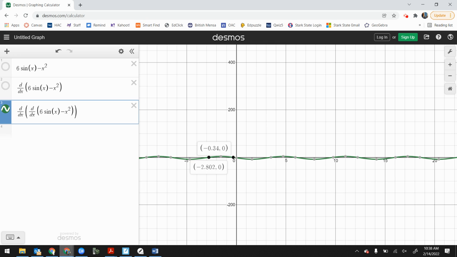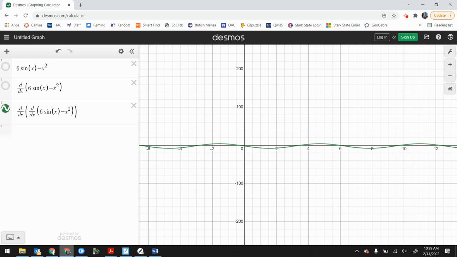Now, how do I know whether it's concave up or concave down? Well, if it's above the x-axis on my double derivative, then it's concave up. If it's below the x-axis on my double derivative, then it's concave down. So in this case, since I'm only focused on these 2 pieces, I know that it's concave down to concave up to concave down to concave up in the end, until we get to 3, right? I'm sorry, so really I'm stopping before that point where it goes concave up again.